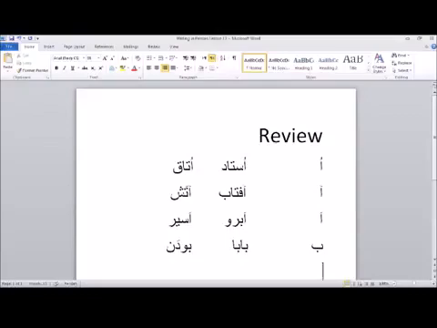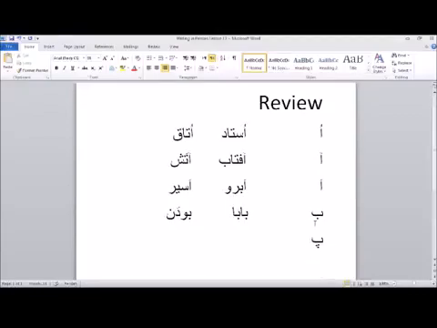We had Pe with 3 dots. Remember that? Be has 1 dot. Pe has 3 dots. An example would be Pedar, P, E, D, A, R, Pedar.